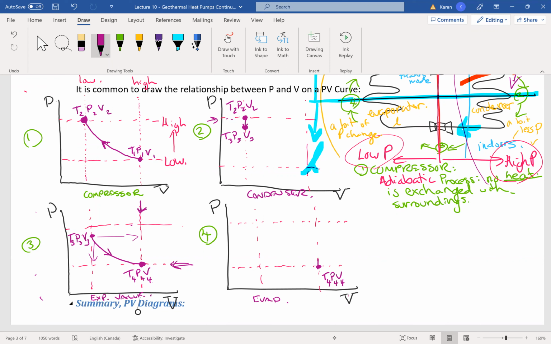And it's going to pressurize a little bit because of those molecules turning into gas. We should be getting back to TPV1. TPV1 should be here going into the compressor.